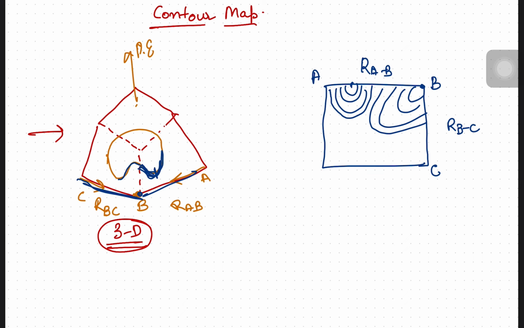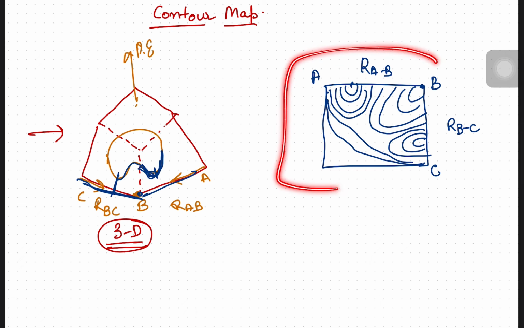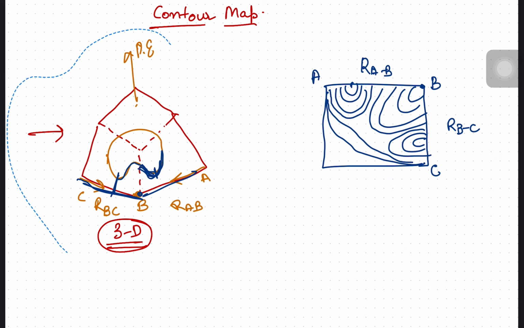Similarly, at the line BC, this was a dip, so here we will show the dip. Now this will be your contour diagram. This is basically a 3D diagram; if we take a slice of it and see it from the top, then the diagram will come like this.